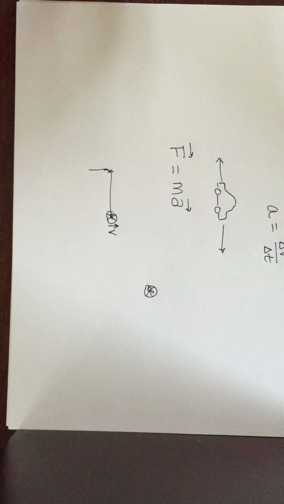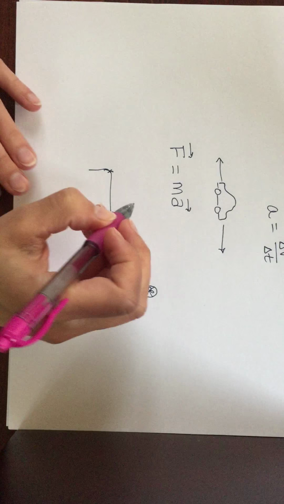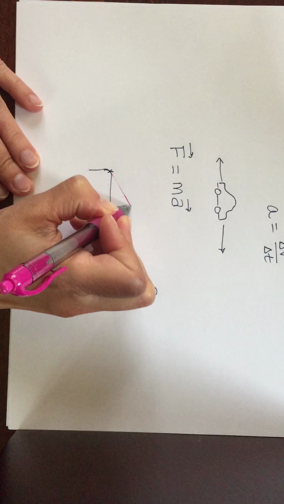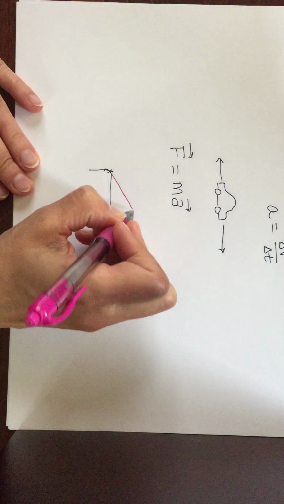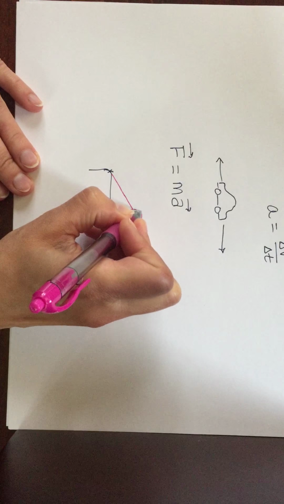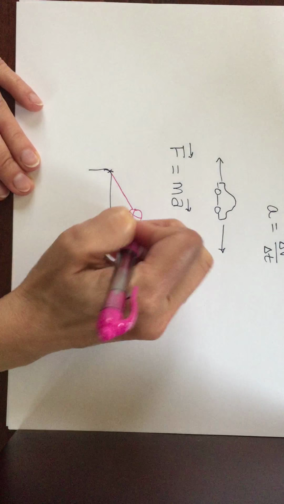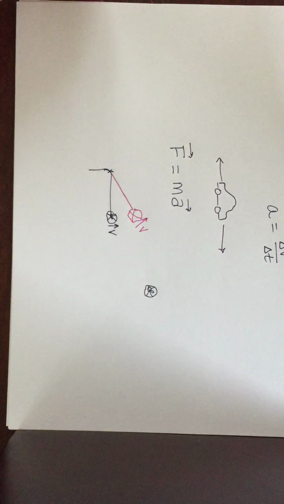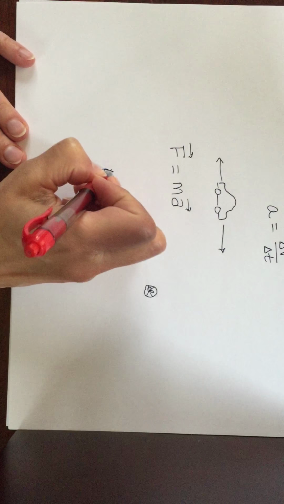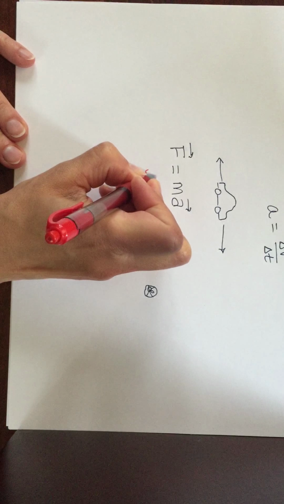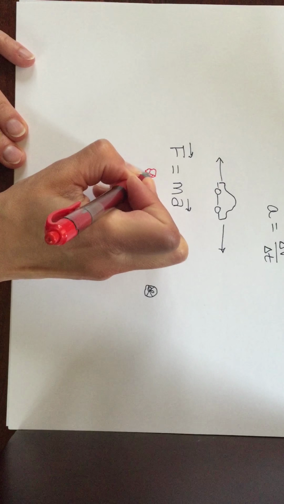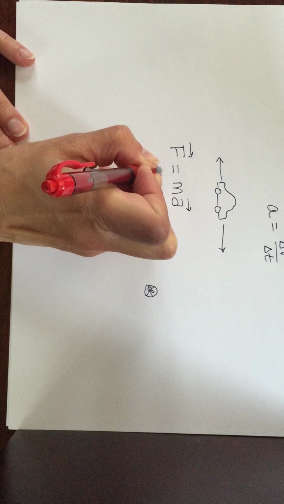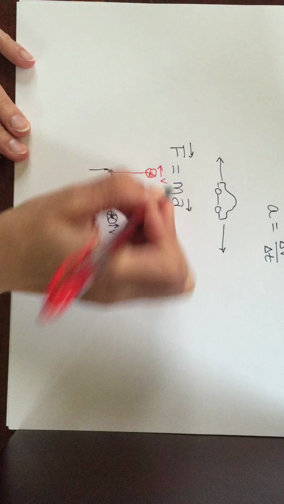So if I took a picture at a later point in time, here's my same string. This is a little bit in time later. Here is my rock that's tied on there. But now the velocity is actually heading this way. Now if I continue doing that over periods of time, there's my rock and my little string, and now the velocity is headed in this direction.